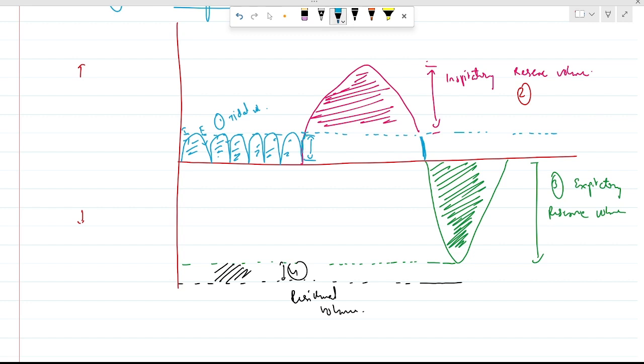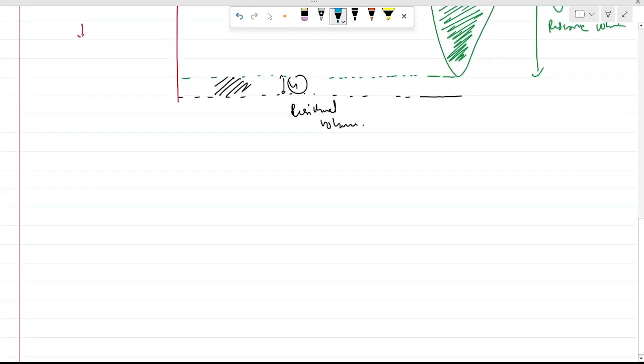This one is our tidal volume graph. Okay, so let's get into discussion one by one. First is our tidal volume. The value is 500 milliliters.